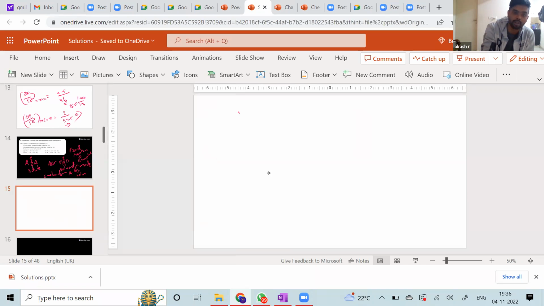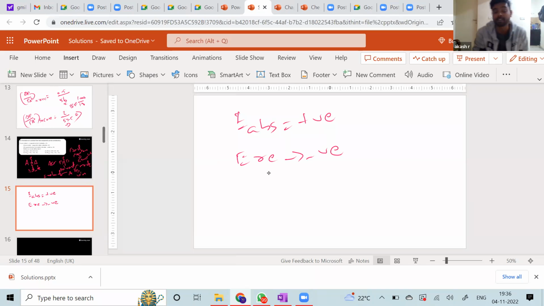Energy absorbed should be a positive value and energy released should be a negative value. For example, if during a process 5 joules of energy is absorbed, I will give the energy value as +5. In the same way, if 5 joules of energy is released, I will give that value as -5. So energy released is negative, energy absorbed is positive.